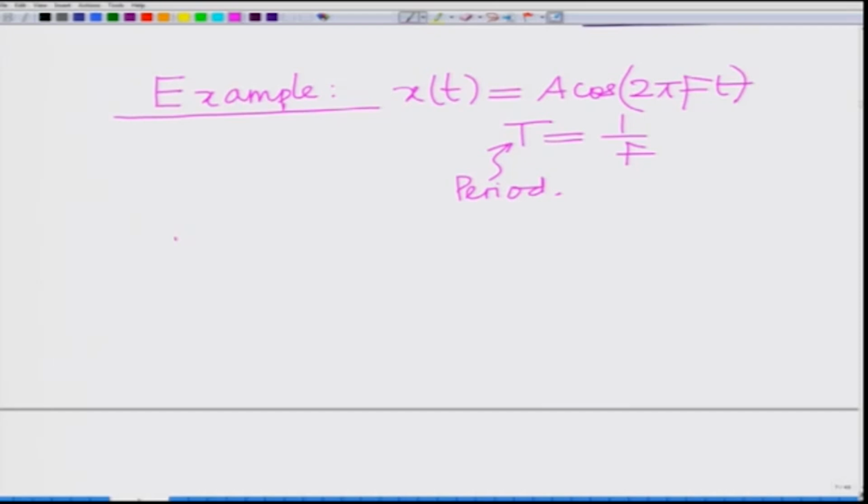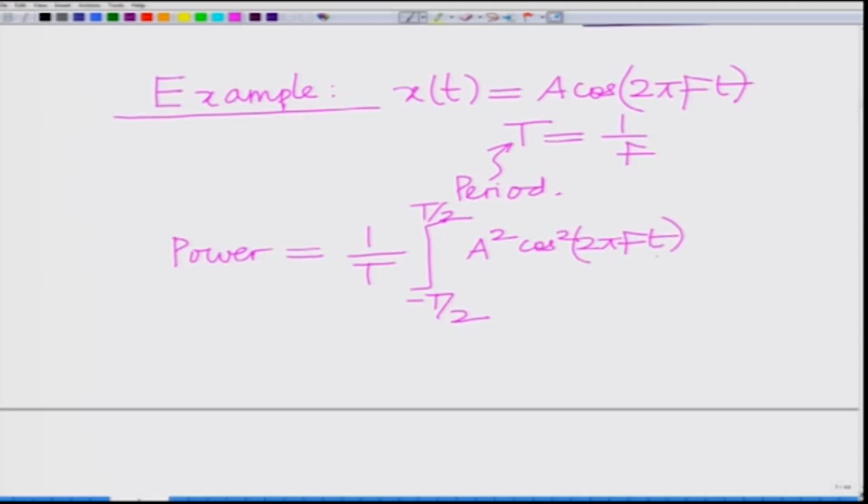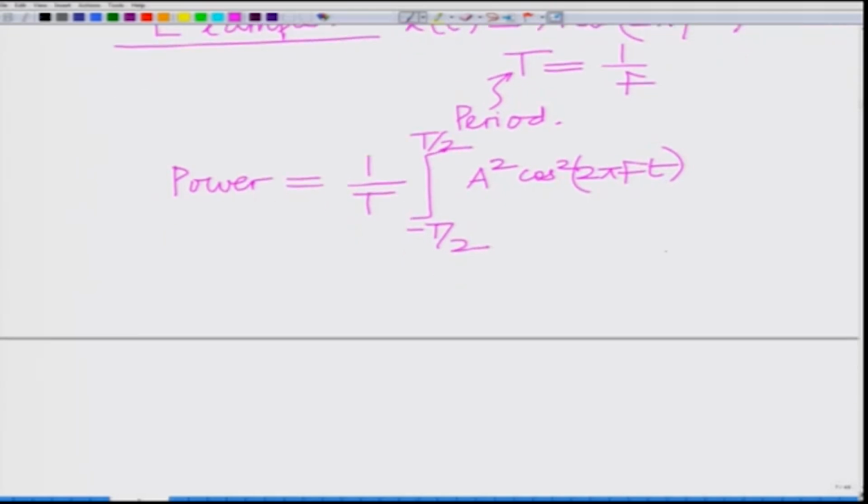Therefore, the power of this signal is equal to 1 over T integral from minus T by 2 to T by 2 of A squared cosine squared 2 pi f t dt, where T equals 1 over f.